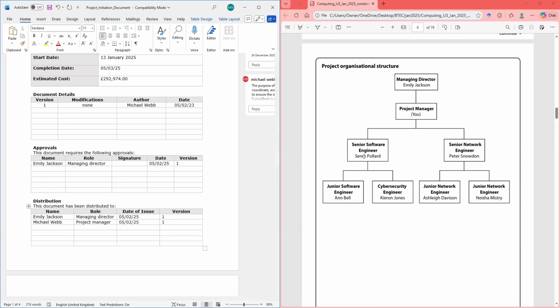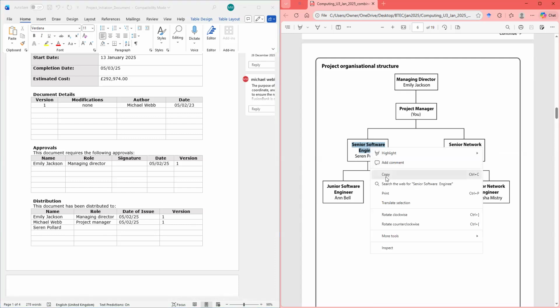Then the other people to be distributed to. I need to distribute to Serene Pollard. She is the senior software engineer.